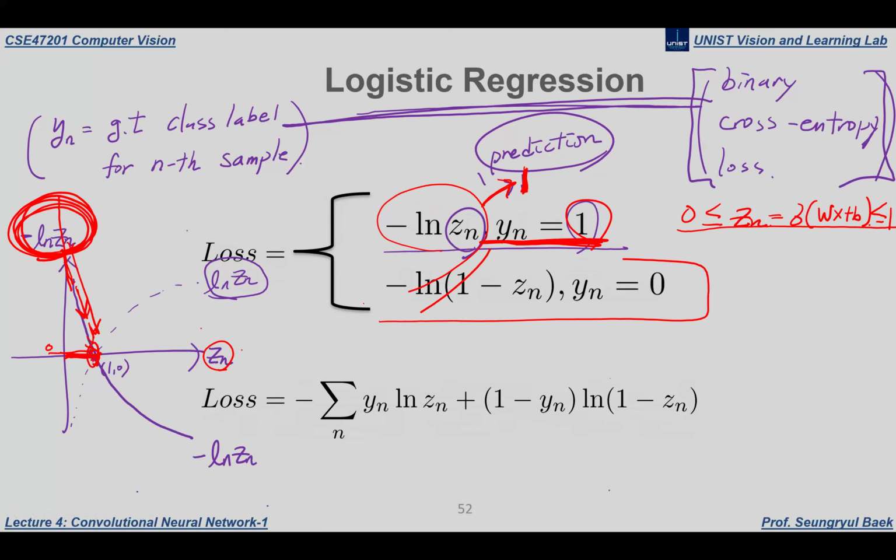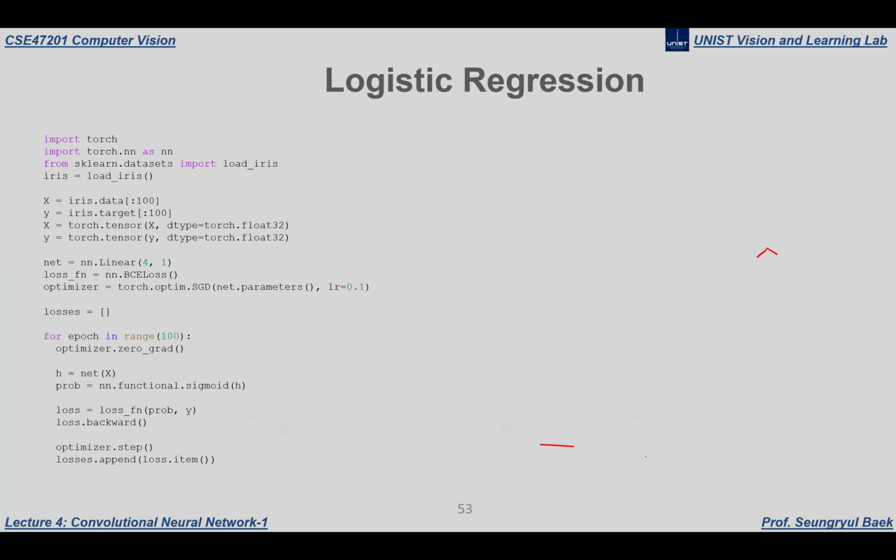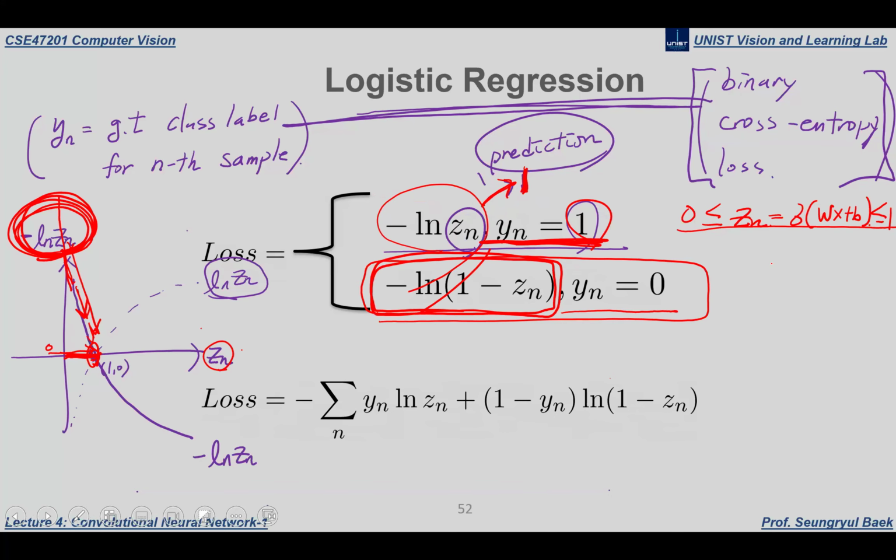And the same thing is happening here. When the nth sample Yn has semantic label 0, then we will apply this type of loss. You can see that also by drawing the same graphs like here.